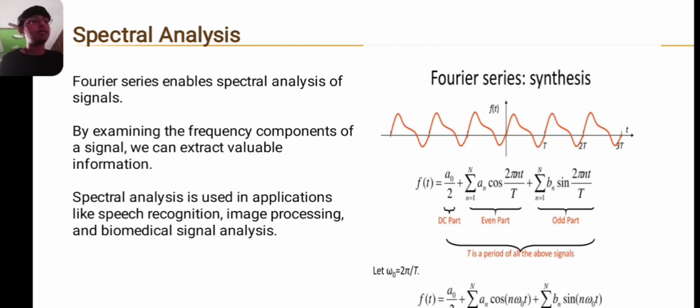This is the formula for Fourier synthesis. Next, we can see the 2π/T formula. f(t) is equal to a0/2 plus summation of n equals 1 to infinity of an cos(nω0t) plus summation of n equals 1 to infinity of bn sin(nω0t).